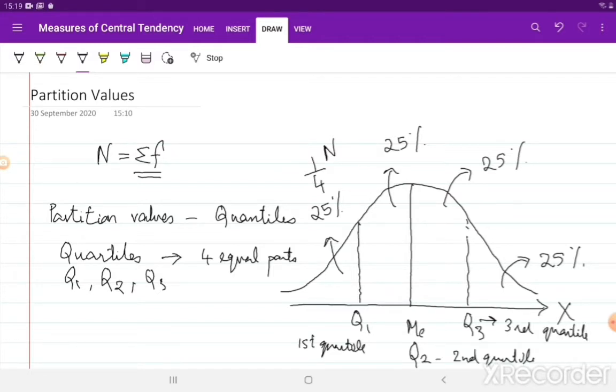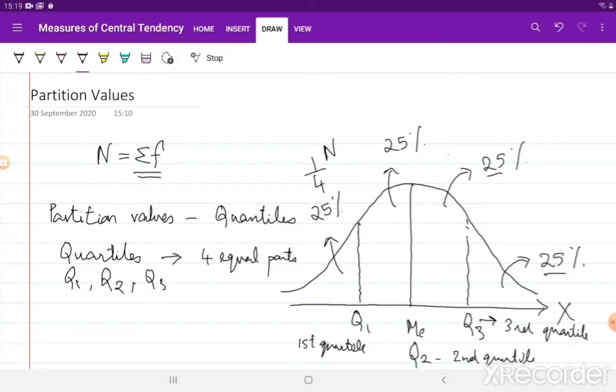So quartiles are partition values that will divide the total frequency or the total number of observations into 4 equal parts. Now the second quartile is the same as the median, because 25 plus 25, that is 50% of the data, will lie to the left of Q2, and the remaining 50% of the data will lie to the right of, or be greater than, Q2.